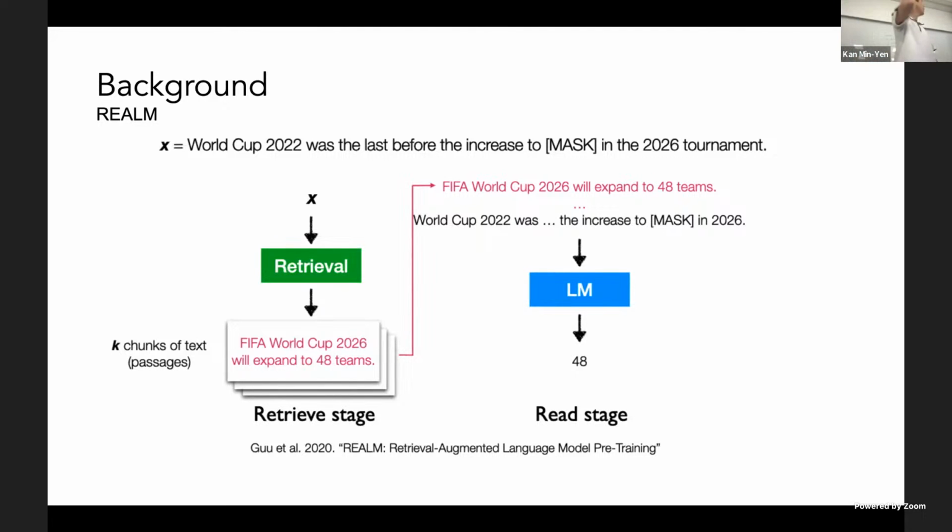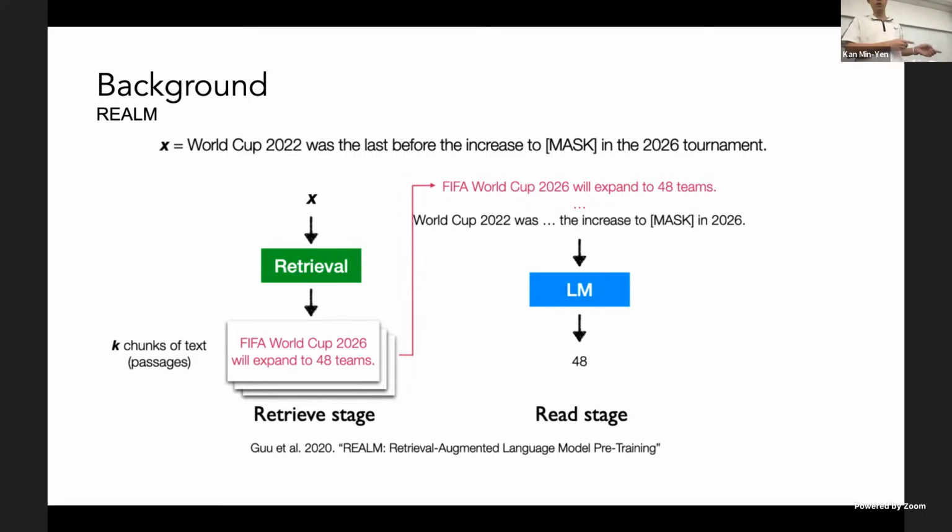I will give a background first, starting from a work proposed in 2020. It introduced a way of pre-training a language model, but this one is actually used for the downstream QA task, by tuning it. Anyway, I will introduce the pre-training stage first.